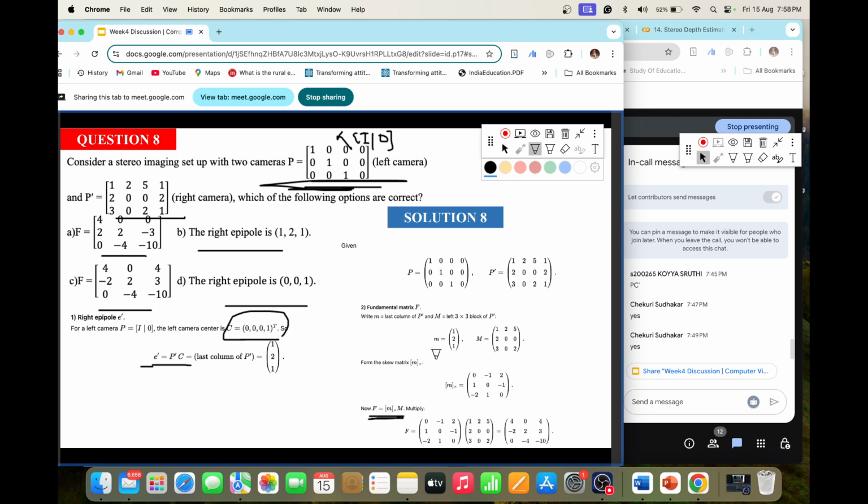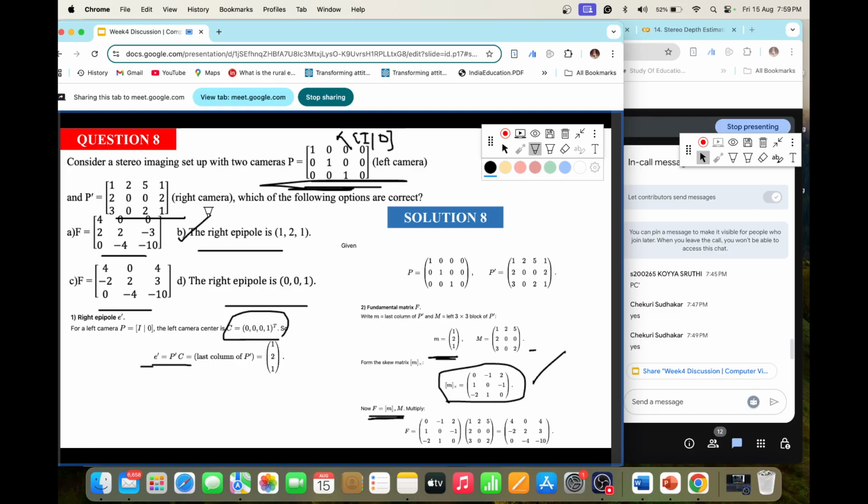You take the skew-symmetric matrix M x and multiply it with M, and you will get the fundamental matrix. So 121 is coming as the right epipole, so option B is right.